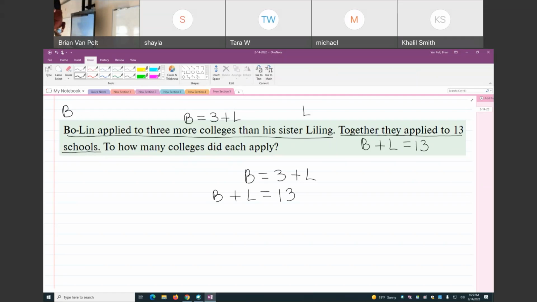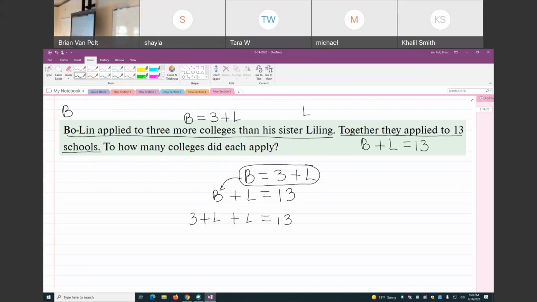You see that I can take this and replace this here with it? You agree? This letter B right here, isn't B equal to this quantity? So I'm going to replace that B with 3 plus L. The rest of the sentence has been left unchanged.